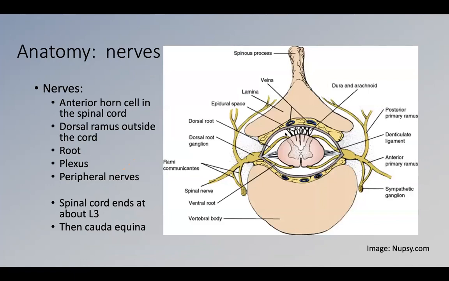The nerves at a microscopic or close-up level are kind of important because you remember there's the anterior horn cell, which is anterior, right? And it's the motor nerve cell, right? So anything between the anterior horn cell and the muscle causes denervation, right? On the other hand, the posterior part is the nerve cell in the dorsal ramus. Now take a look.